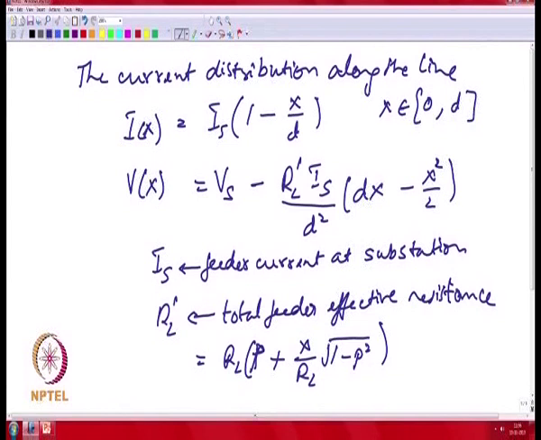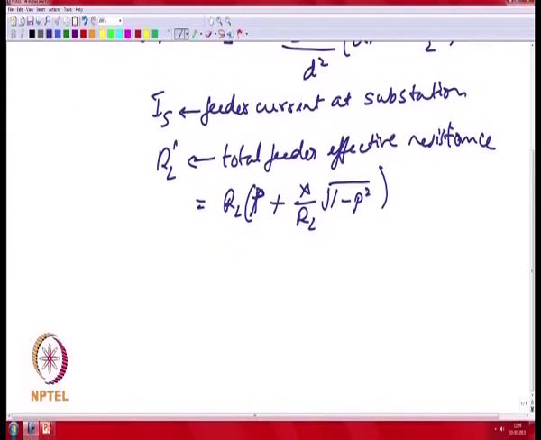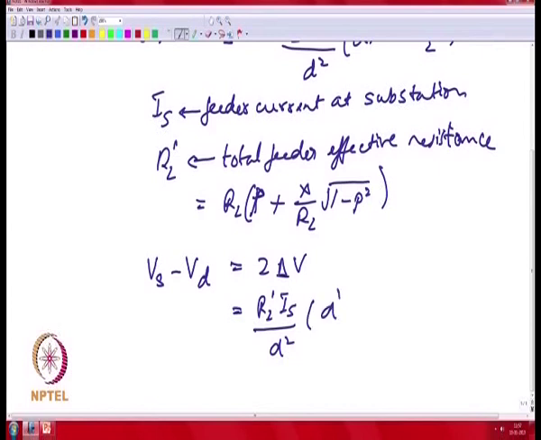So, if we take the voltage at the end of the feeder to be V d and V s to be the voltage at the substation end, and we want this to be equal to 2 delta V, then this is given by R L prime I s by d square into d square minus d square by 2.